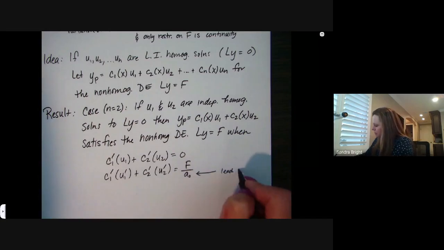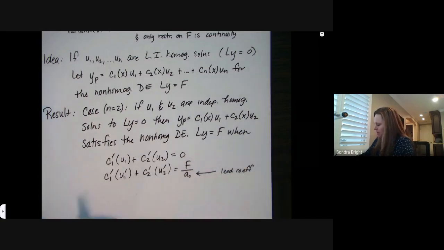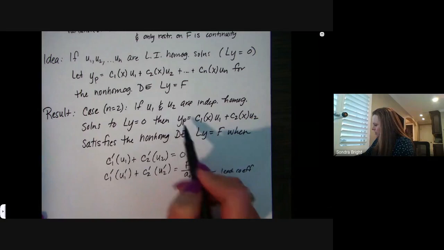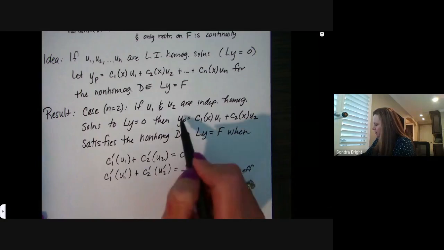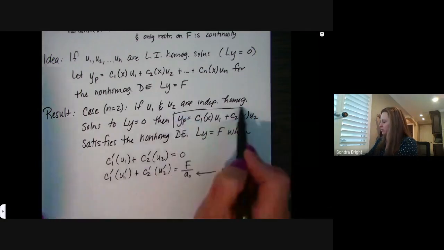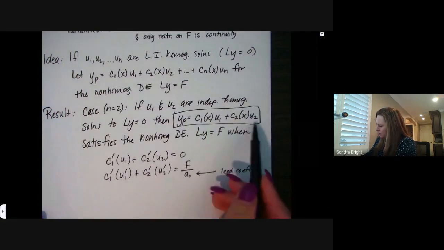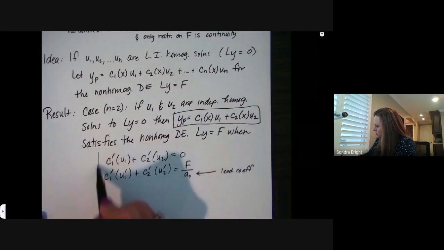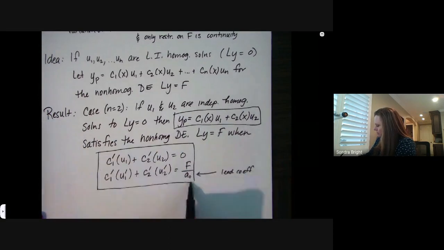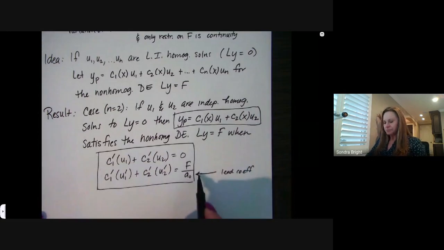So the particular solution is some function of X times U1 plus some other function of X times U2, and these two equations have to be satisfied.